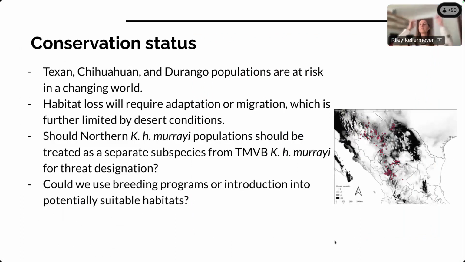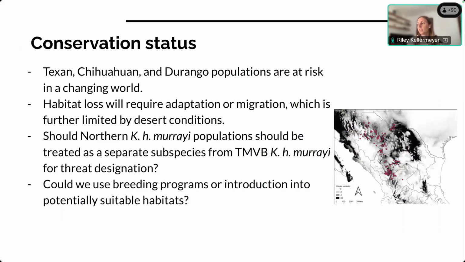So I want to talk a little bit about the conservation status of these rough-footed mud turtles. Based on the kind of habitats they inhabit and some of the genetic data that I didn't really go into, the Texan, Chihuahuan, and Durango populations, those northern populations of Kinosternon hirtipes murrayi, do appear to be at risk in a rapidly changing climate, particularly as a result of water management practices.